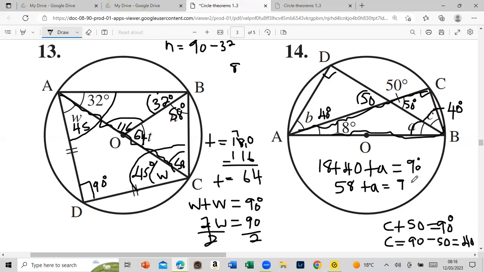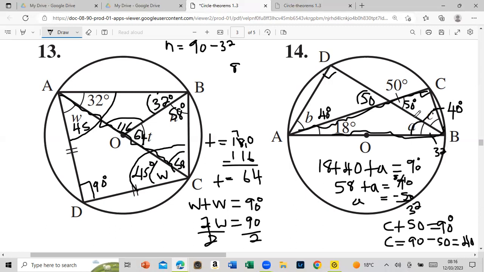So in order to get A, all we have to do is simply subtract 58 from 90 and that would be our answer. 8 from that you can't, so we get 8. Put a 1 here, so that's a 2. 5 from 8, 3. So right here would be 32.